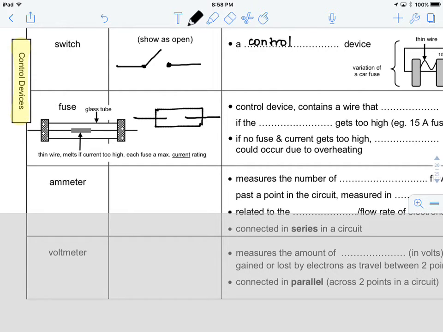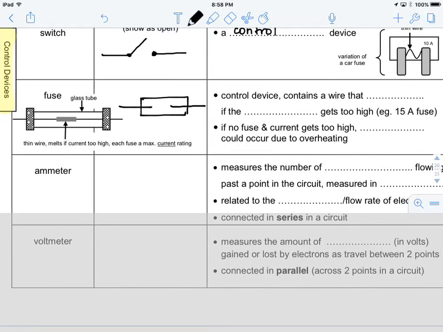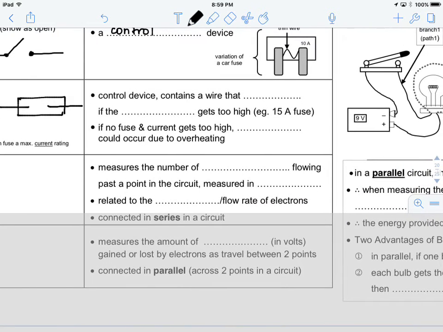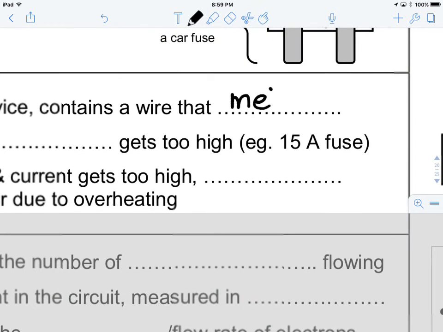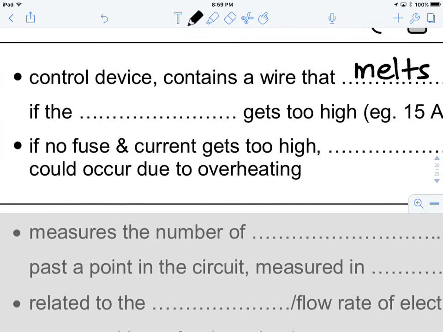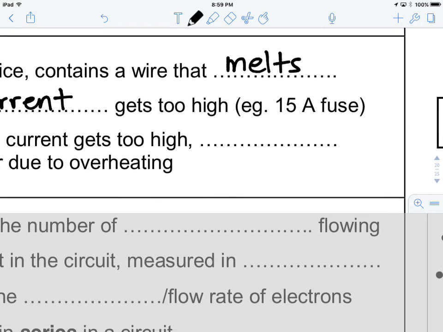All right, another control device is a fuse, and the circuit symbol for a fuse is a rectangle with a broken line in the middle of it. And so fuses, especially if you have a home that does not have a circuit breaker but has a fuse box, have a thin wire in the middle that you can see here. And if the current gets too high, the thin wire will melt and it will break the circuit, and it means everything will shut down. So it really is a safety device. So it's a control device, and it contains a wire that melts if the current gets too high.